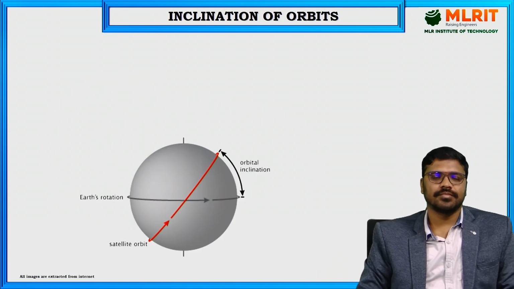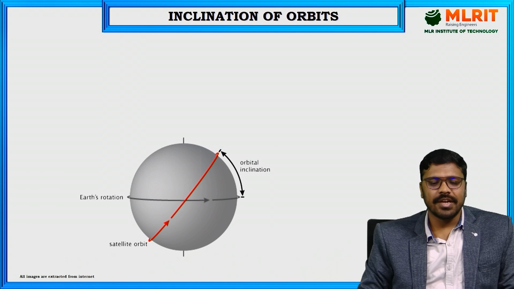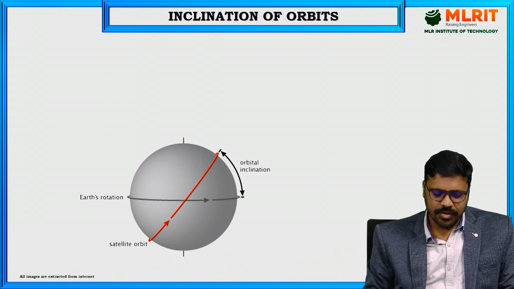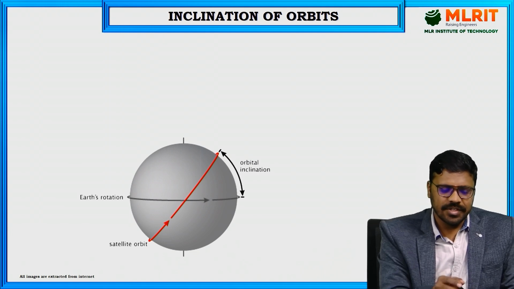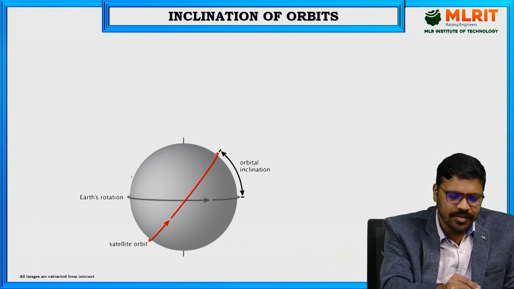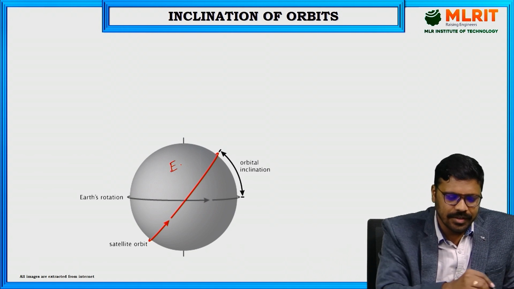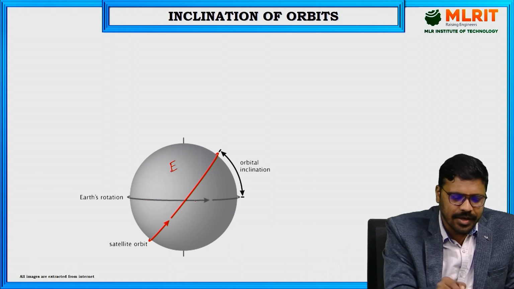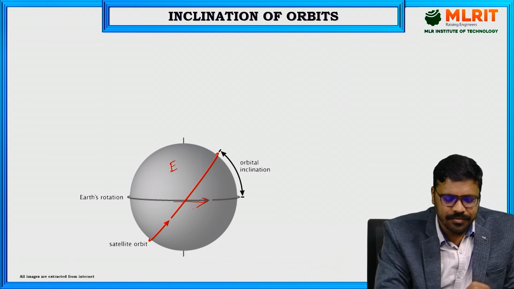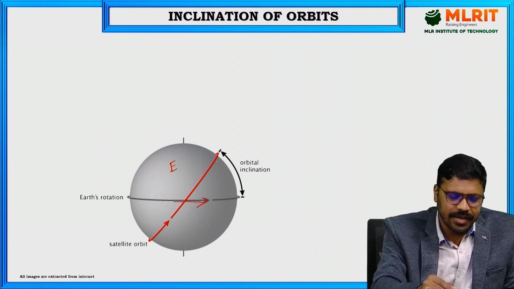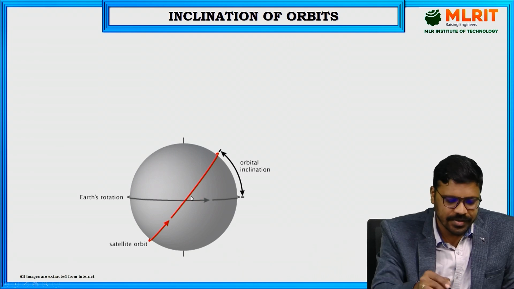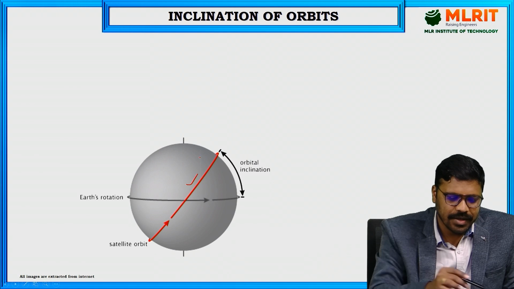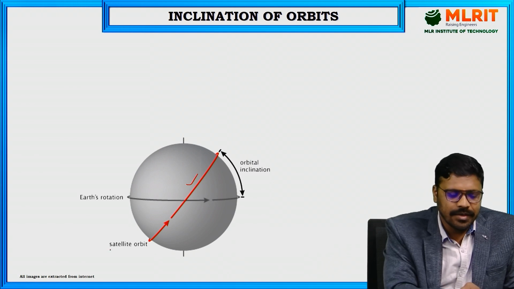Next, the next topic is inclination of orbit. It is also one of the very important parameters to understand the orbit and its nature. Coming to the inclination of orbit, consider this is the Earth, and Earth is rotating in this direction. And this red color line is the satellite orbit.